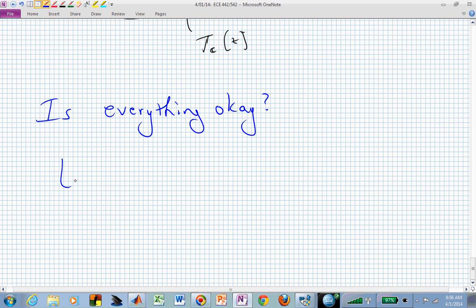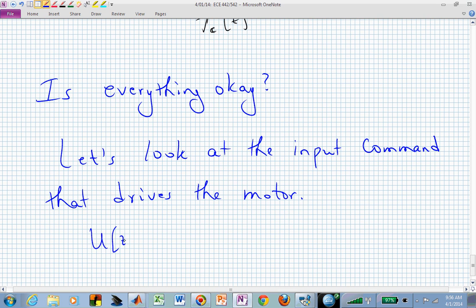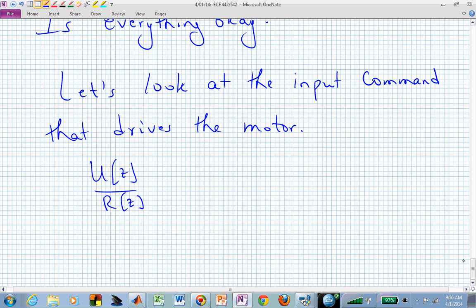And one first place to look is the input command that's actually driving the motor.